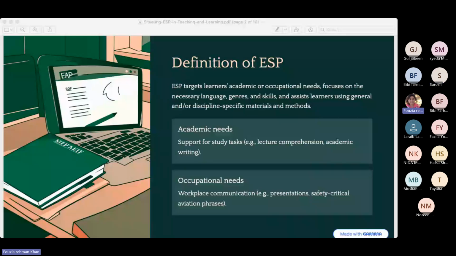Okay, how are your needs academic? What do you do with English? Why have you learned English? What do you do with it? The first part is fine. Your needs are academic, but how?